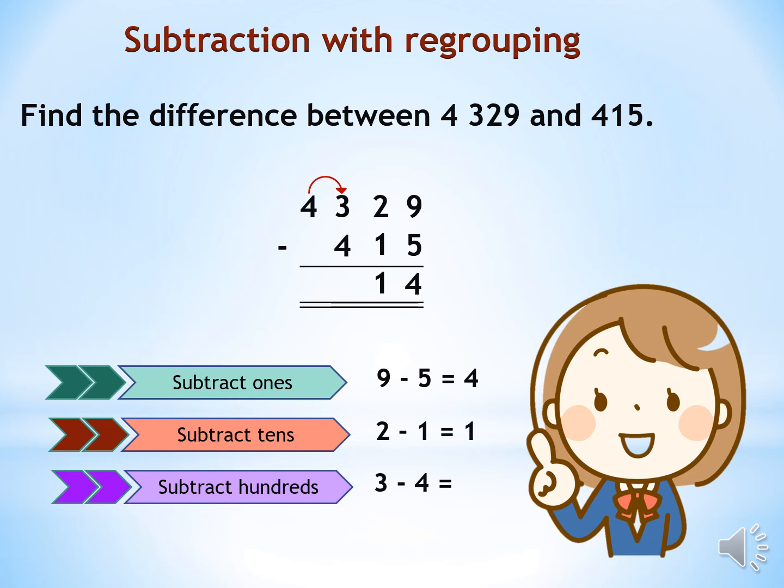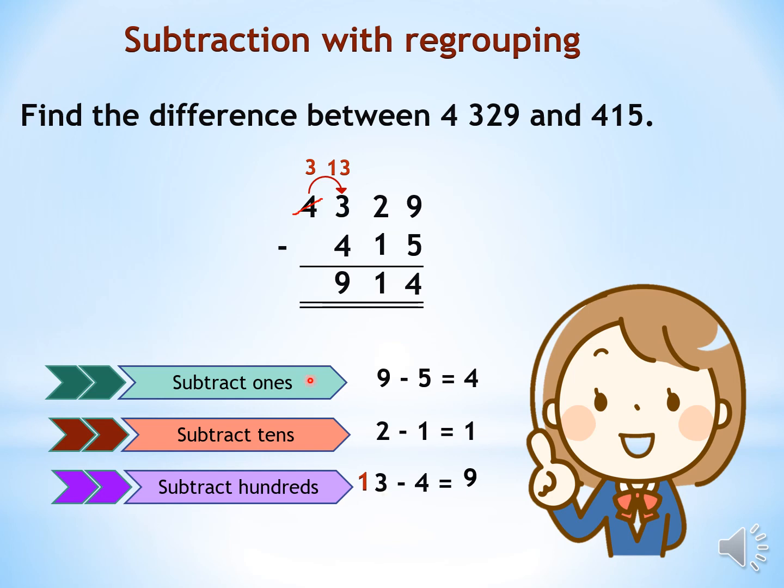So children, when 1000 gives 1 to the other side, what will happen? Yes, then there won't be 4. 4 will become 3. And when that one goes to the hundreds place, now 3 hundreds will become 13. Now we do subtraction of 4 from, not 3, from 13. 13 subtract 4 is 9.